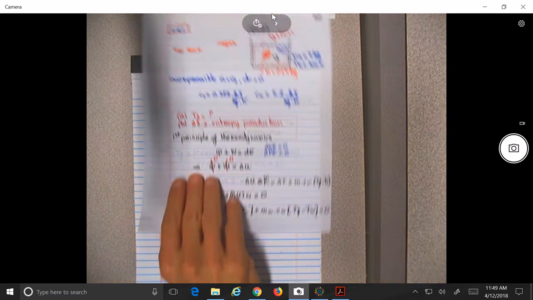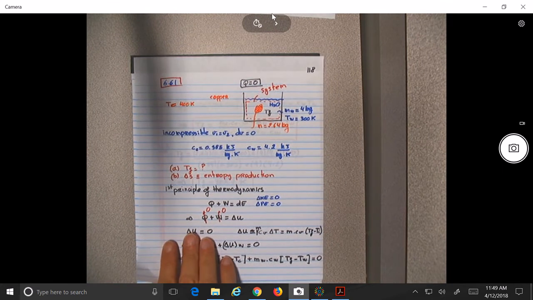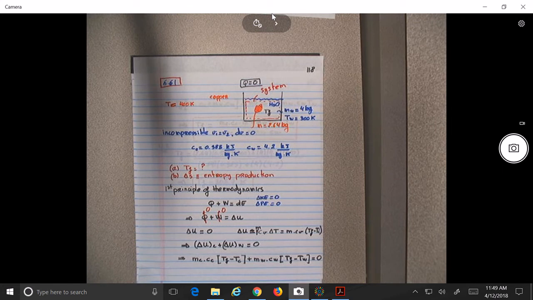So now, part B is to find the change in entropy. So do you remember the concept of entropy was introduced in order to do what? To give us an answer about what? Okay, but to know if a process was reversible or irreversible, no? So what do you think? Do you think this one is irreversible?